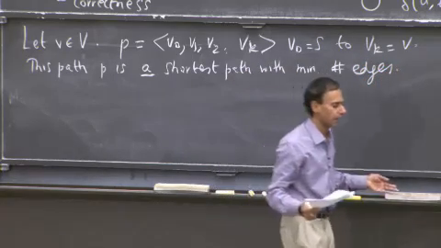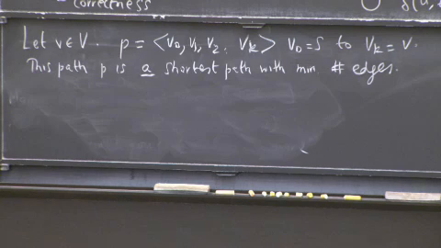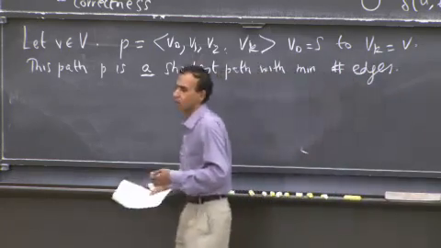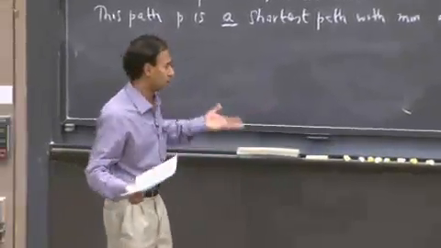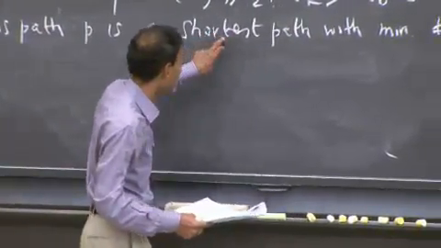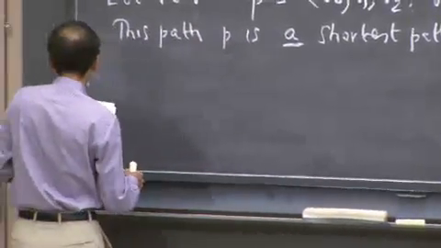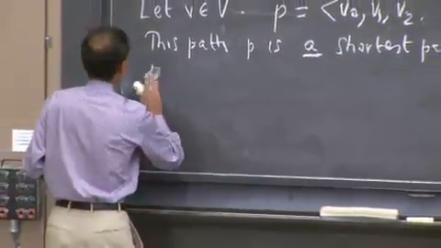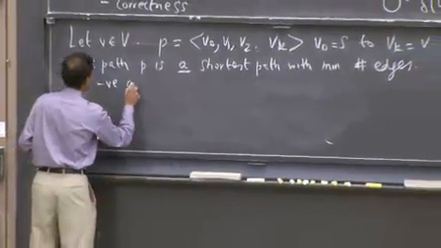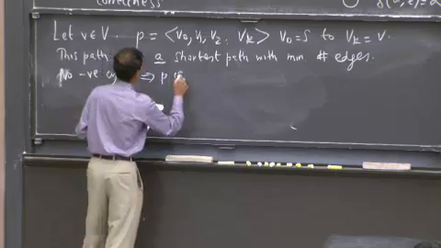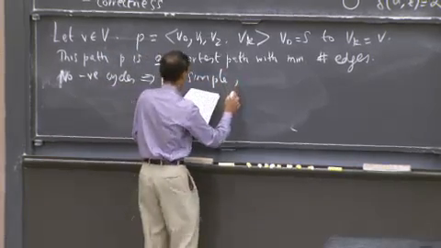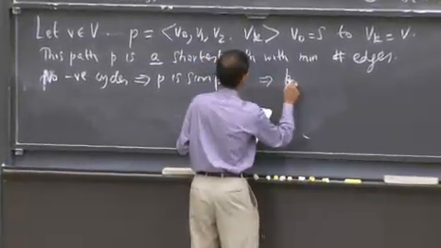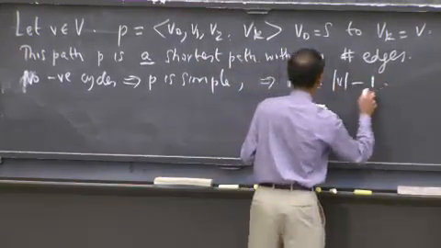There may be many shortest paths, and I'm going to pick the one that has the minimum number of edges. If there's a unique shortest path, then that's a given. But it may be that I have a path with 4 edges that has the same weight as another path with 3 edges. I'm going to pick the one that has 3 edges. So they're not necessarily unique, but I can certainly pick one. And no negative weight cycles implies that P is simple, and that implies that K is less than or equal to V minus 1, which is what I just argued.